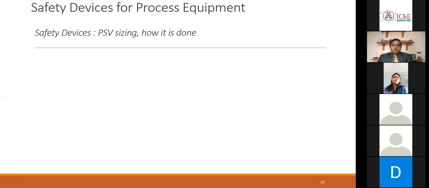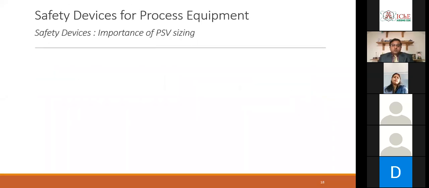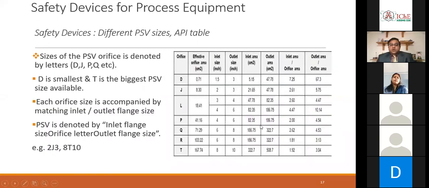So suppose if I go back to this table now, in centimeter square. I did my calculation and I found out that my required orifice area is 22 centimeter square. So obviously I'm going to choose a P. I cannot go for L. So there is no rounding off here. Whichever is over my requirement, I have to choose.